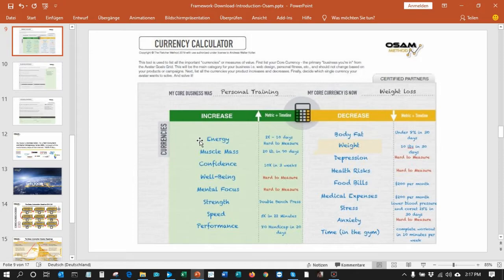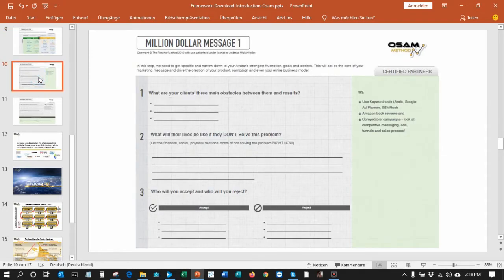I think you should be able now to work on the currency calculator framework. As I said before, feel free to come back to me when you need help. What we will do in the next session is move on to the $1 million message. The $1 million message is a big word, maybe a bit American style. Generally it is about finding the perfect message for your first campaign.